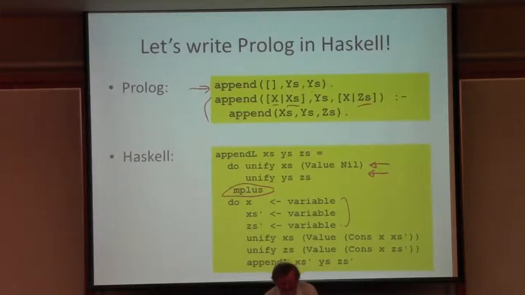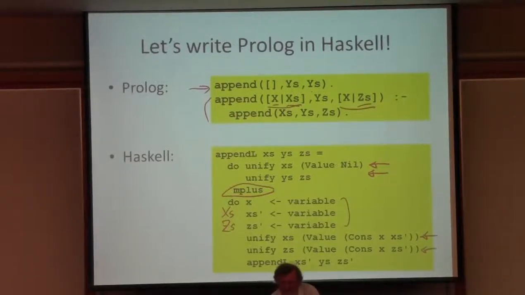And since I already called the arguments to the Haskell function x's, y's, and z's, I've had to call these x's prime, that's x's in Prolog, and z's prime, that's z's in Prolog. And then it says unify the first argument with x cons x's. There it is. Unify the third argument with x cons z's. There it is.